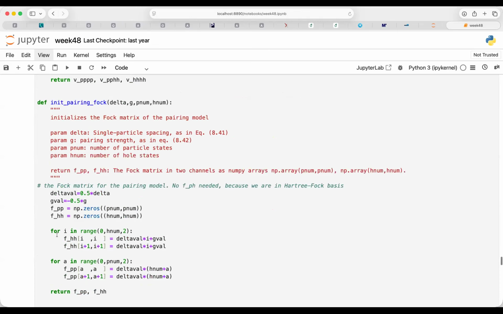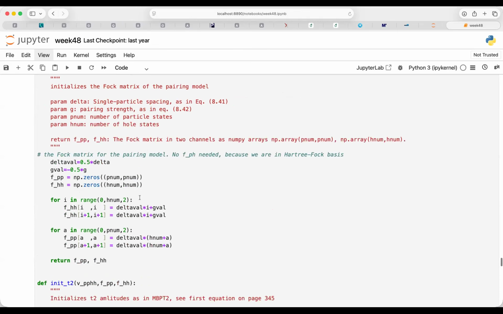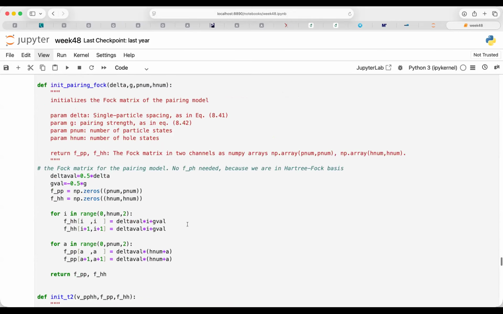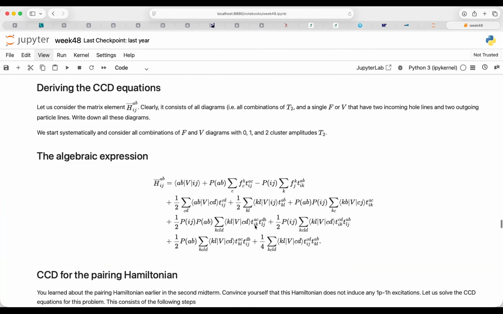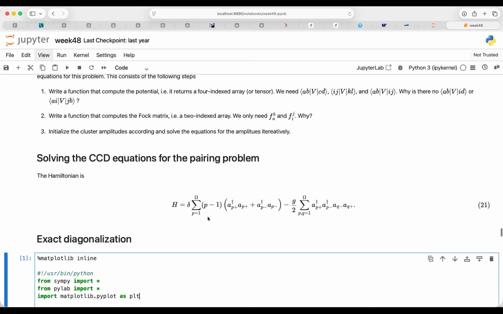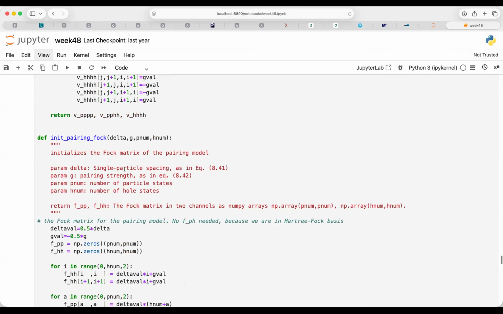And then we initialize, in this case, a simple Hartree-Fock matrix, which we need to set up. If you look back at the equations here, we actually need to pay attention to these terms as well, because we are already in a Hartree-Fock basis. So we need to set that up, and that is the term which you see here, pairing Fock.